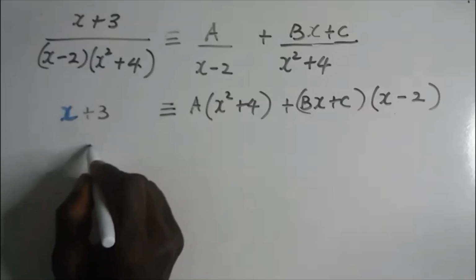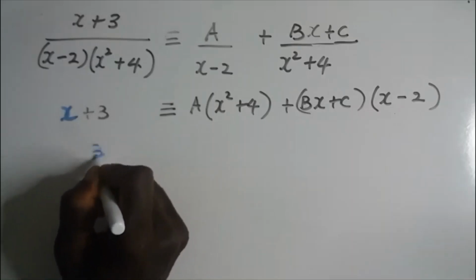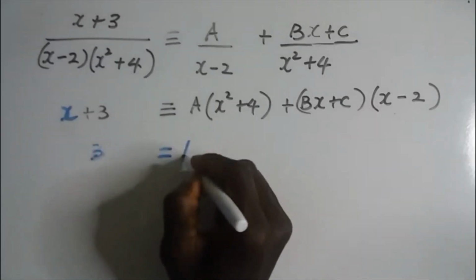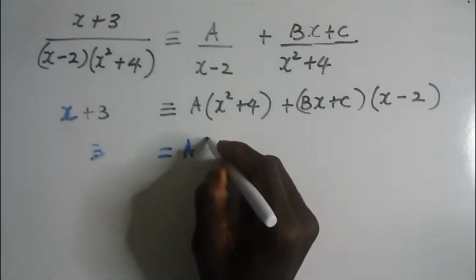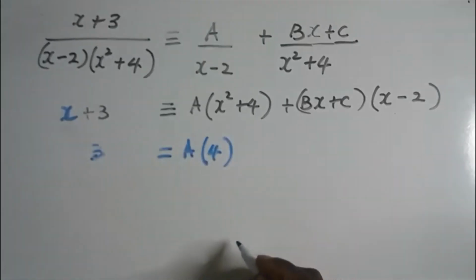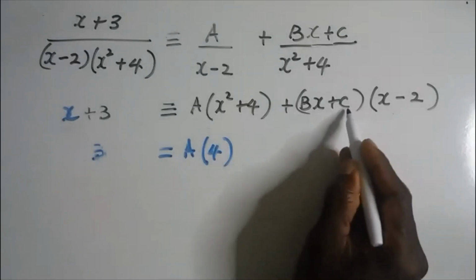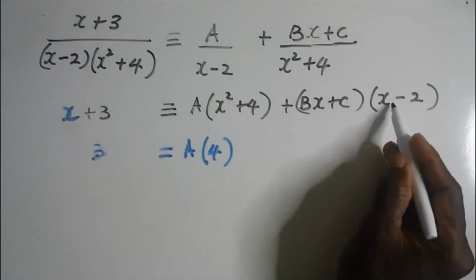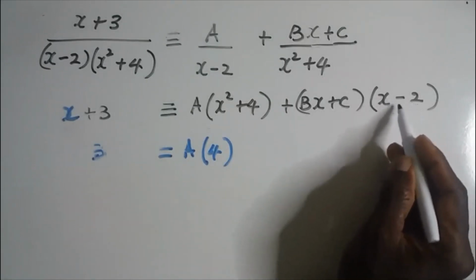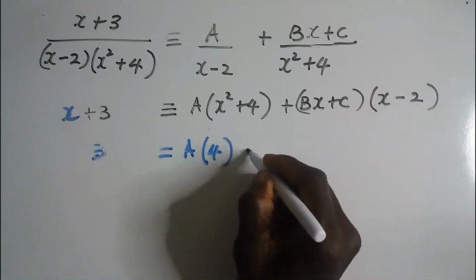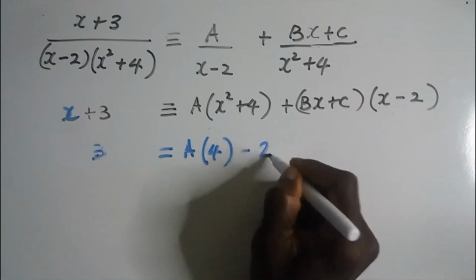So this now becomes 3 is equal to a times 4. This is 0, and we'll have c times 0 minus 2, which is negative 2c, sorry.